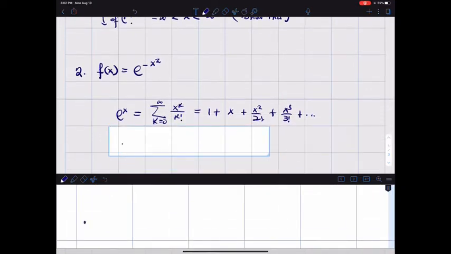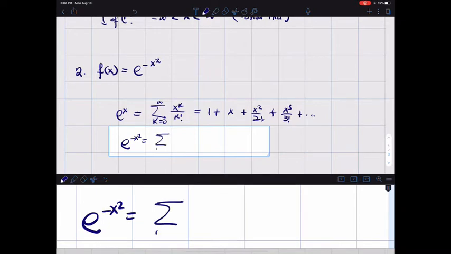So e to the negative x squared is going to be the summation from k equals 0 to infinity of negative x squared to the power k over k factorial, substituting negative x squared for x.